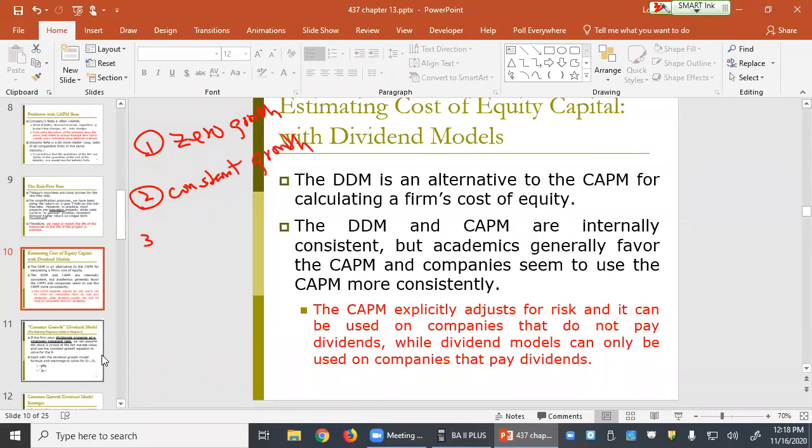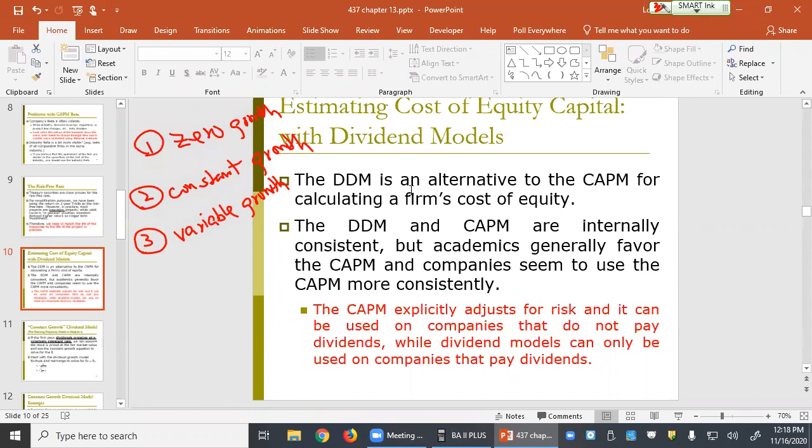Model number 3 is variable growth or supernormal growth. I'm going to call it variable growth because it is shorter, so I don't have to write as many words. So zero growth, constant growth versus variable growth models. There are 3 dividend models.